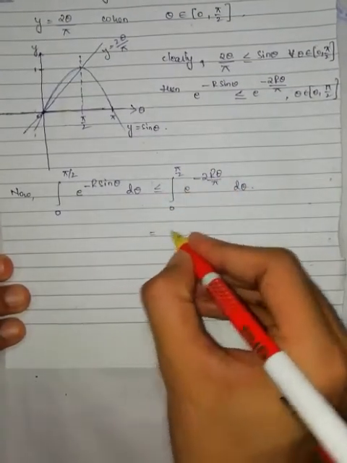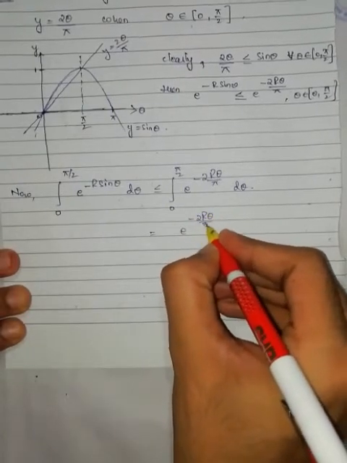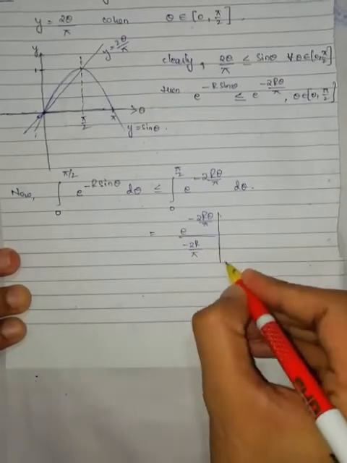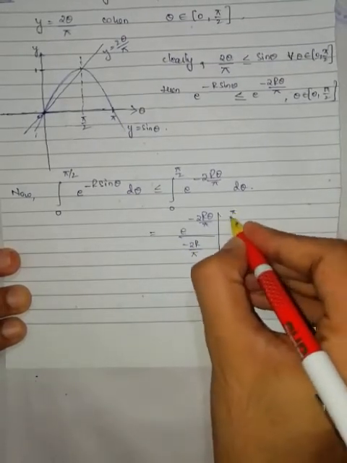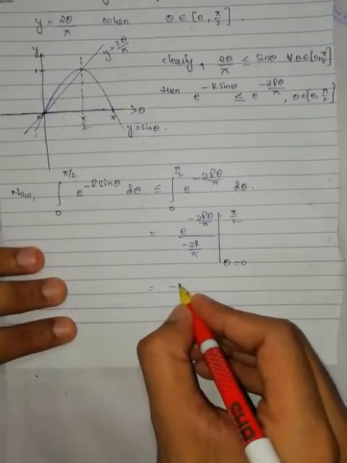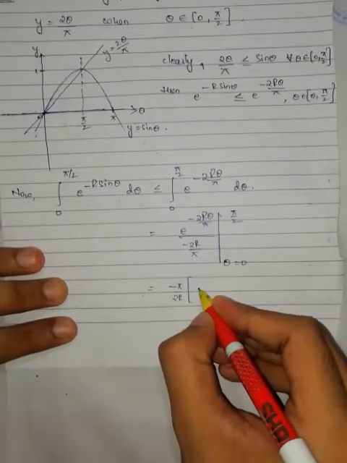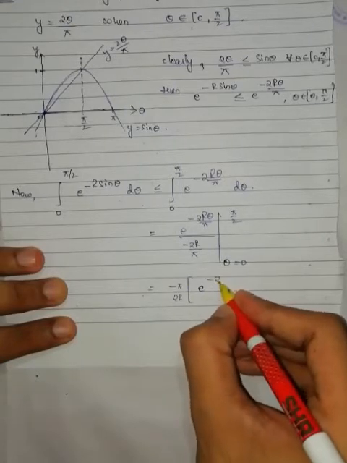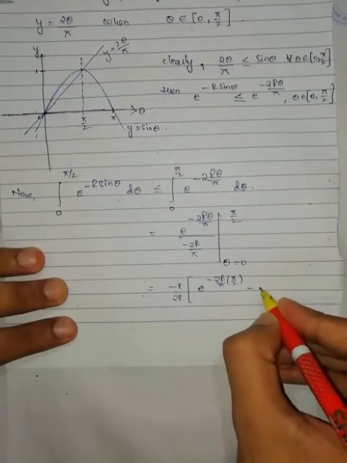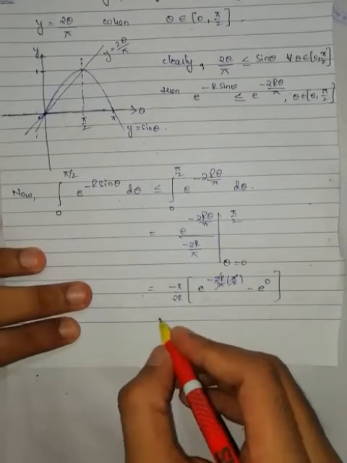Integration of this one is e to the power of minus 2R theta by pi by minus 2R by pi, where theta is equal to 0 to pi by 2, which is equal to minus pi by 2R, applying the limits, e to the power of minus 2R by pi into pi by 2 minus e to the power of 0. Pi 2 get cancelled.